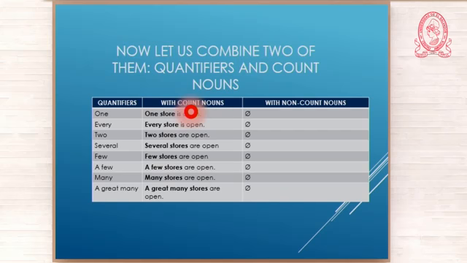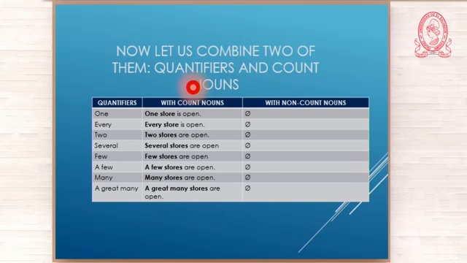Every store is open. 2 stores are open. Several stores are open. Few stores are open. A few stores are open. Many stores are open, and a great many stores are open. Remember, we have a combination of quantifier and count nouns.